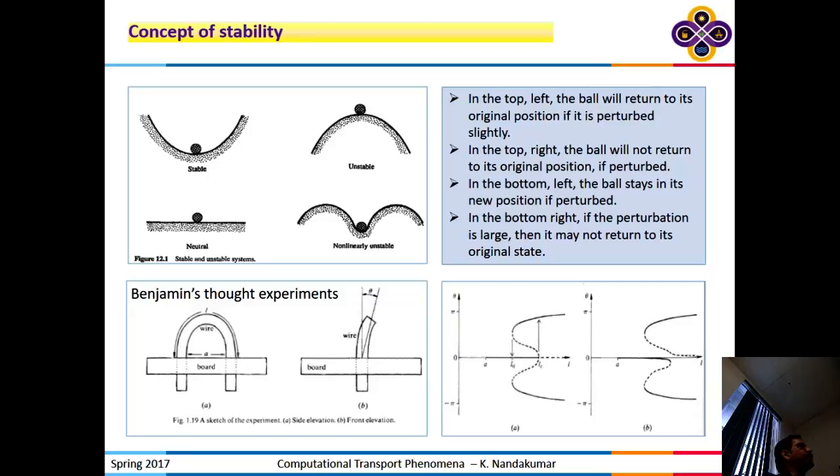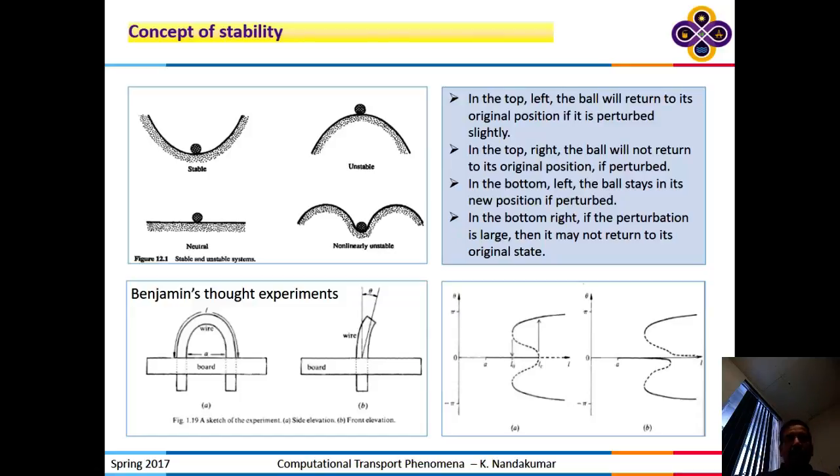We talked about the stability issue for the Taylor-Couette problem, but this is the one that's going to help us understand why the Navier-Stokes equation has such complex behavior as you increase the forcing, leading to turbulent flow, and then maybe leading to multi-phase flow when it interacts with a second phase. So these are concepts of stability. We will see the mathematical implementation of what stability is, which we haven't done so far. And later on in the algorithmic part, we will see what algorithms are available to determine the stability.